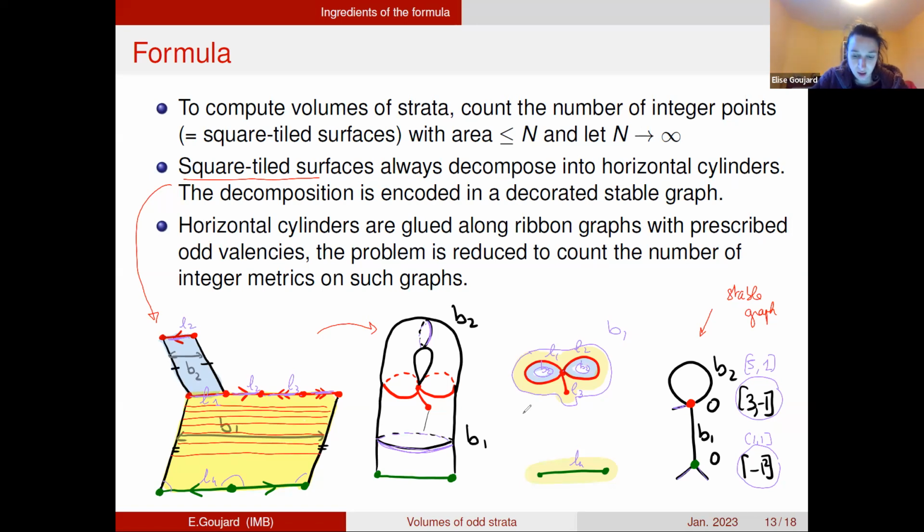Yeah. Because it's really painful to count integer metrics on graphs with even valencies. Maybe I will do at the end an example of what is the problem with graphs with even valencies. So first of all, we don't have a nice formula for the polynomials that count these metrics.